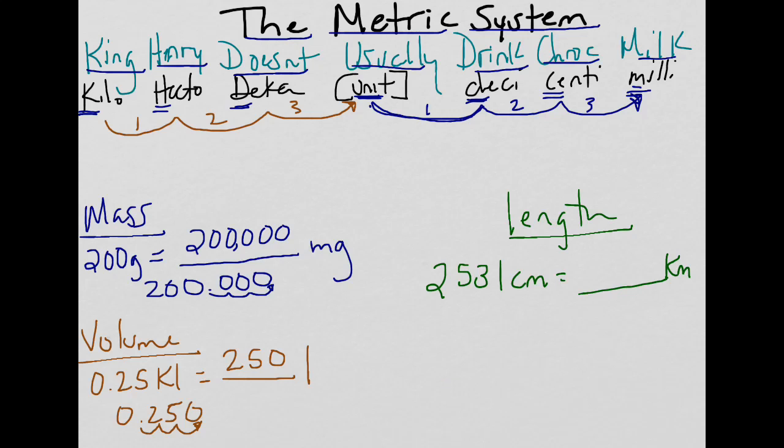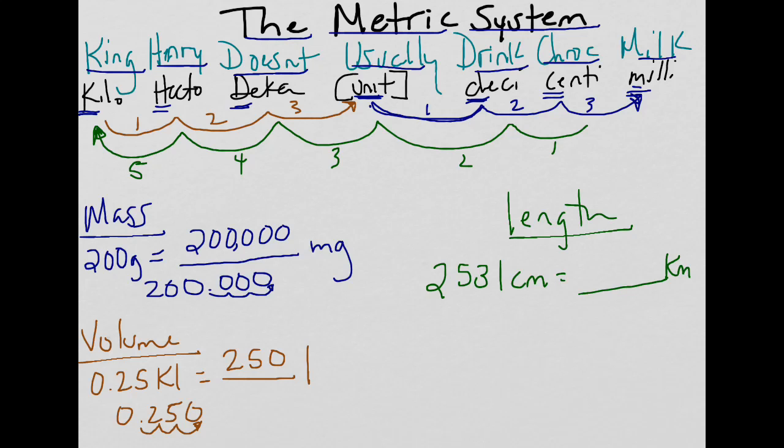So we go ahead and we're going to do our jumps. We're going to start at centimeters here, and we're going to go to kilometers. 1, 2, 3, 4, 5. You can write that out. 1, 2, 3, 4, 5. All right, we did 5 jumps to the left this time.